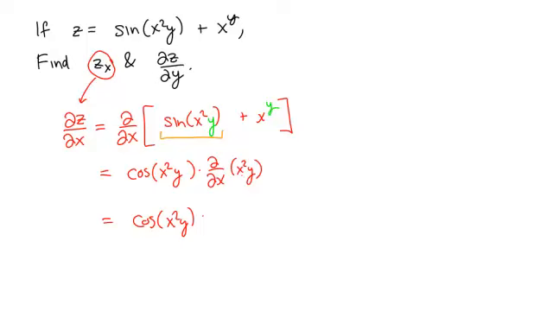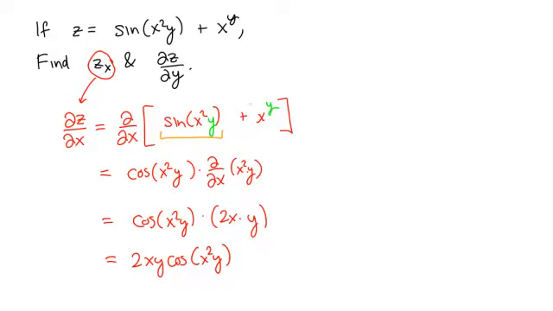To differentiate x squared y, I don't need to use the product rule because y is a constant. So y is going to come along for the ride. The derivative of x squared is 2x. And so the derivative with respect to x of sine of x squared y is cosine x squared y times 2x times y, or 2xy times the cosine of x squared y.